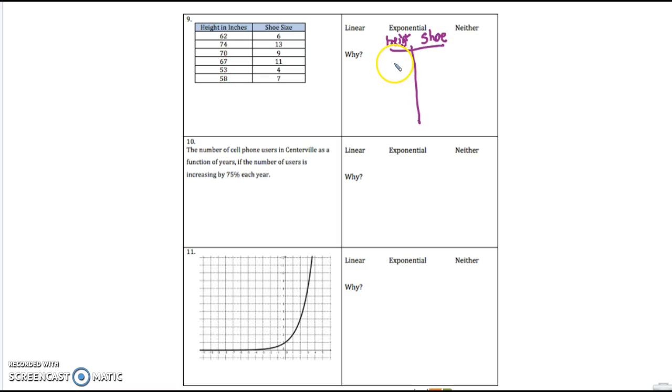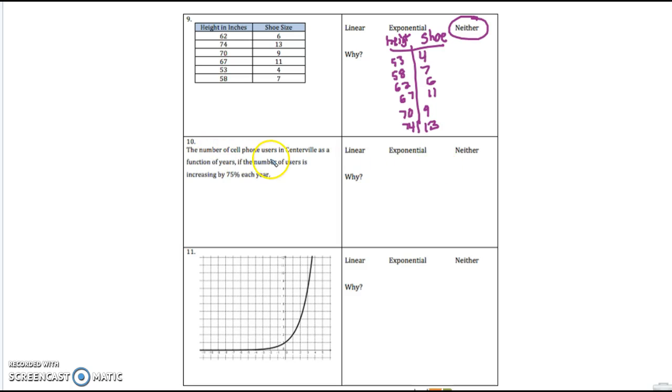If we are at 53 and 4, 58 and 7, 62 I think is next, 62 and 6, 67 and 11, 70 and 9, and then 74 and 13. See, we're going up, but our shoe size goes up and then back down and then back up and then back down. Neither.